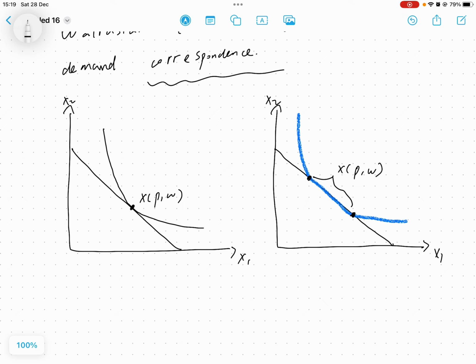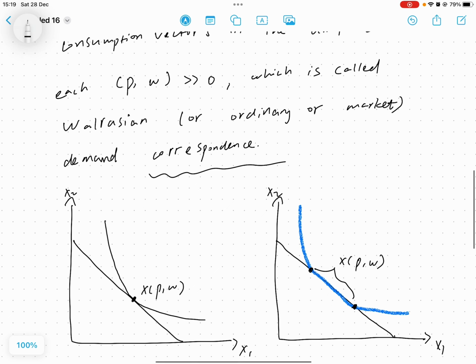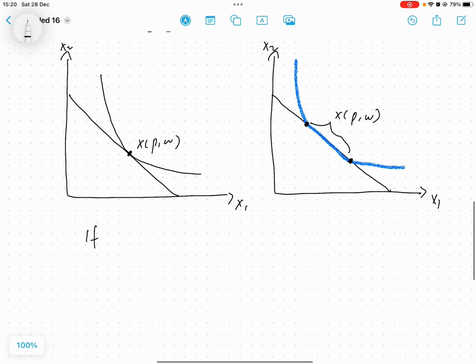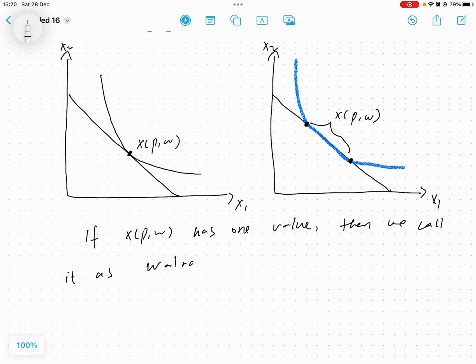If x is single valued, if there's only one value in the set, then we can call this a function. So if x has one value, then we call it the Walrasian, or ordinary, or market demand function.